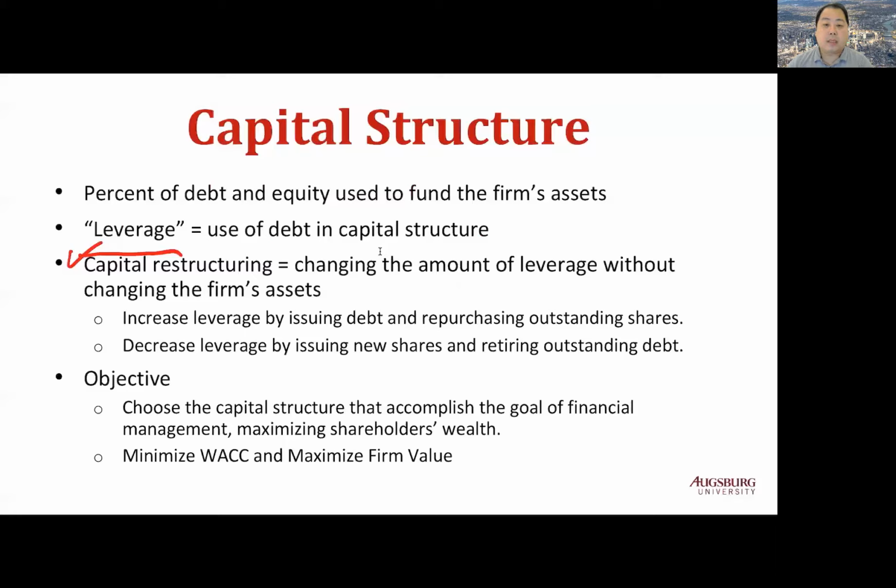So what is the objective of capital restructuring? The purpose should always be to maximize shareholders' wealth. More specifically, the firm wants to choose the capital structure that accomplishes the goal of financial management, maximizing firm value and minimizing WACC.